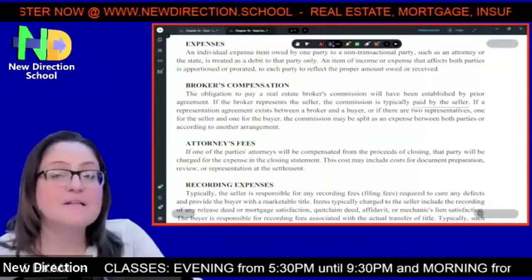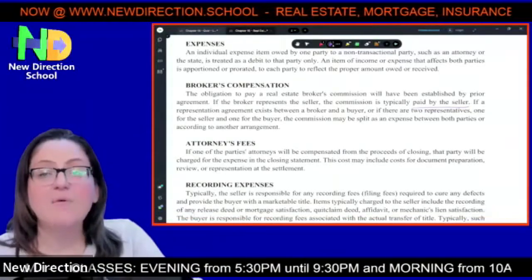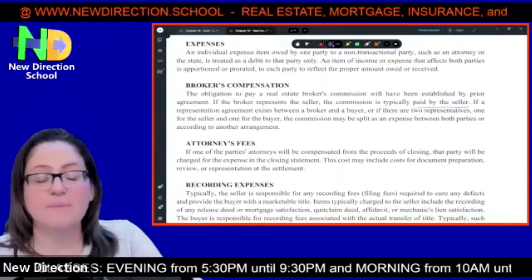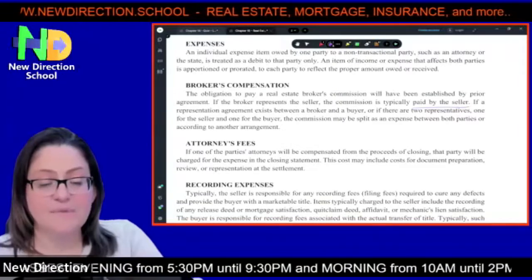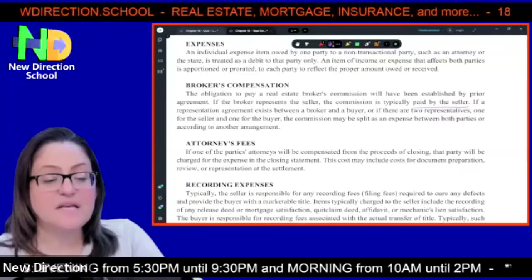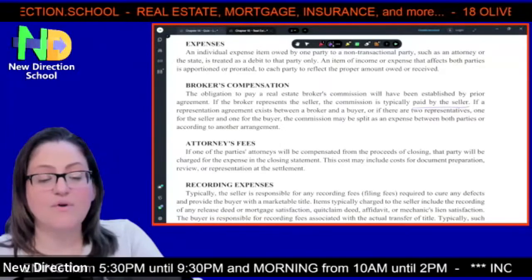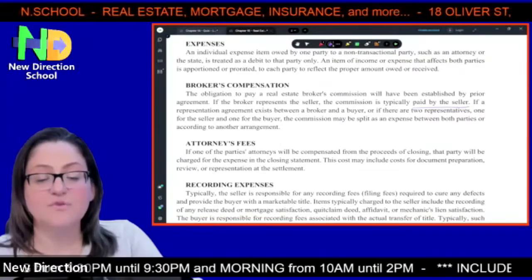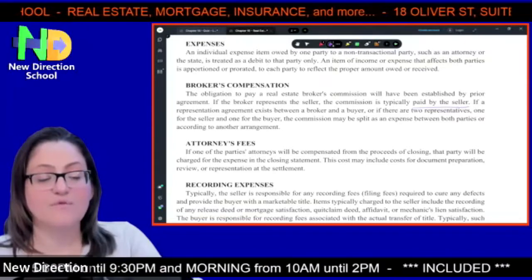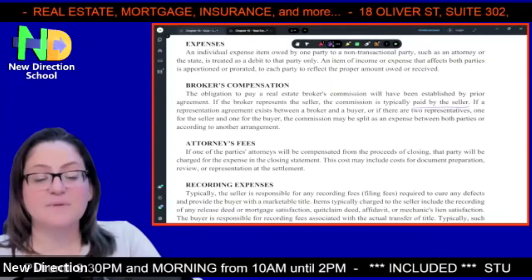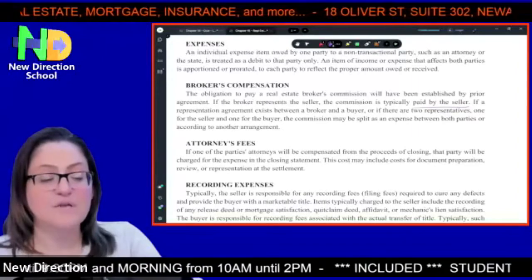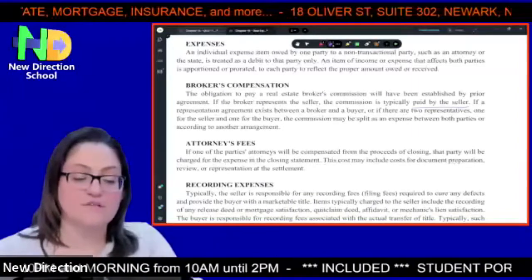It typically is paid by the seller. At one point, the commission can also be paid by the buyer's broker. If a representation agreement exists between a broker and a buyer, or if there are two representatives, one for the seller and one for the buyer, the commission may be split as an expense between both parties or according to another arrangement.